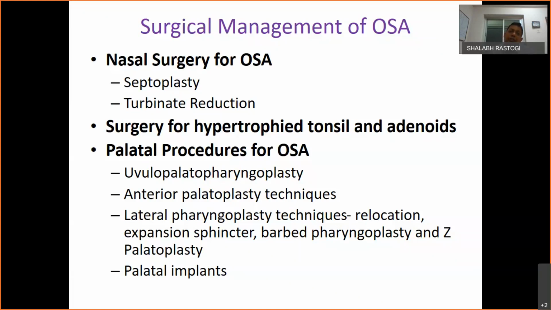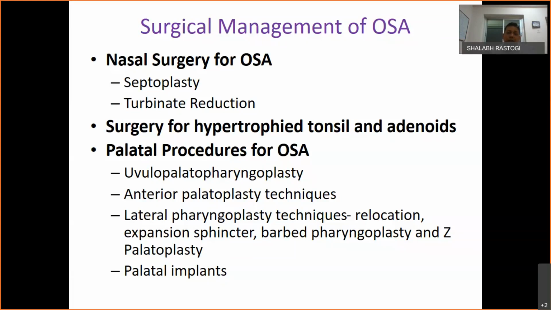So what are the various surgeries? The various surgeries are nasal surgery, and we all know septoplasty and turbinate reduction. Another is hypertrophic tonsils. If the patient has hypertrophic tonsils and adenoids, we can do adenotonsillectomy. In one study, it has been postulated that around 50% of patients of obstructive sleep apnea, if we simply do tonsil and adenoid surgery, their quality of life improves in 50% of the patients.